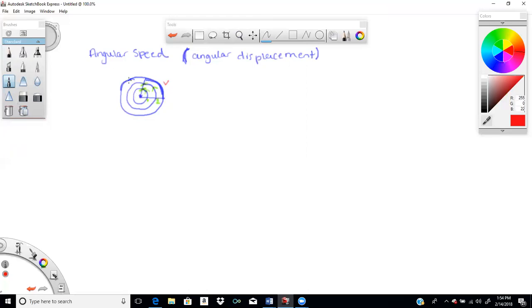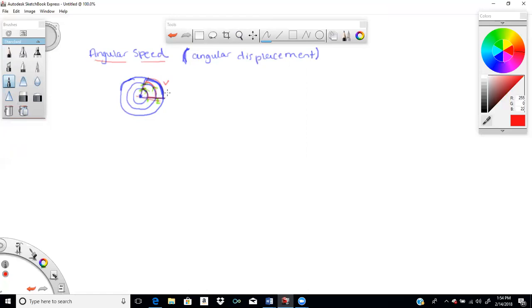But in angular, we're just dealing with the rotation here. So angular speed, we're actually dealing with the rotation of this angle. The rotation will be the same, see? From here to here.